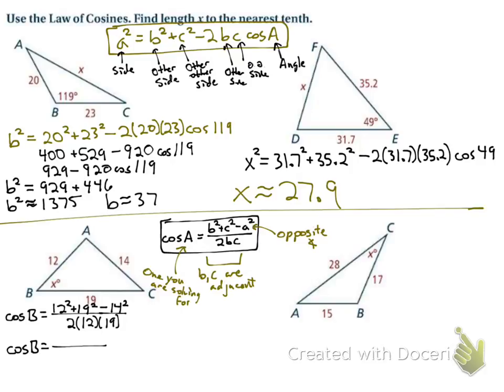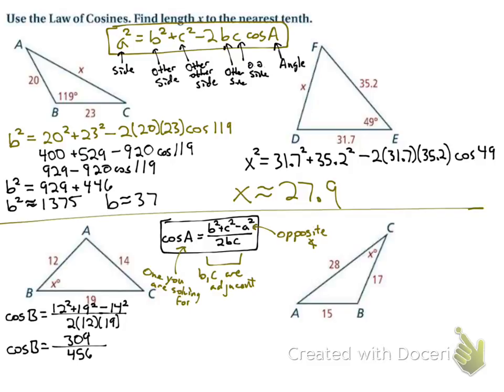So what is 12 squared plus 19 squared minus 14 squared? I still haven't figured out the second one. We'll come back to it. 309. So 309. And then on the bottom we have what? 456. Now cosine isn't going to work when it's bigger than 1.